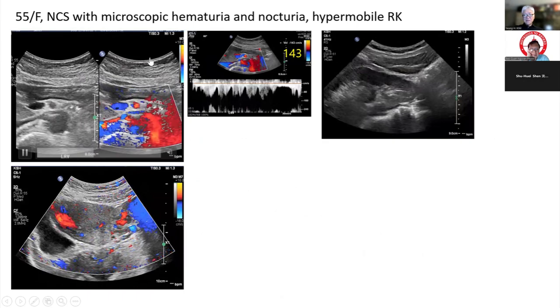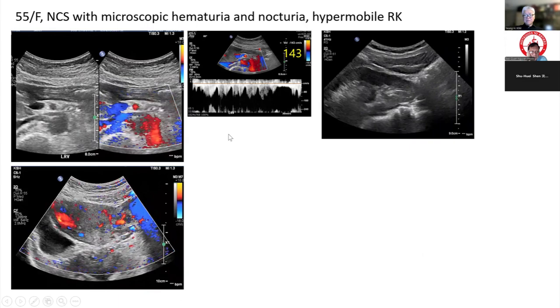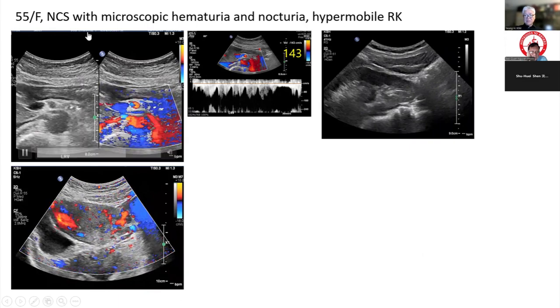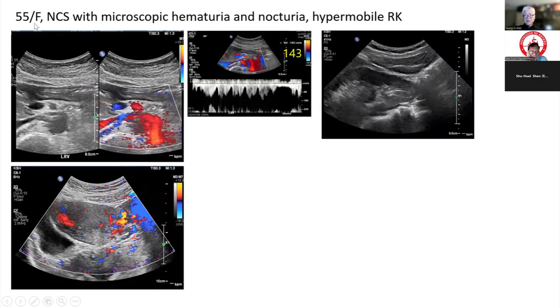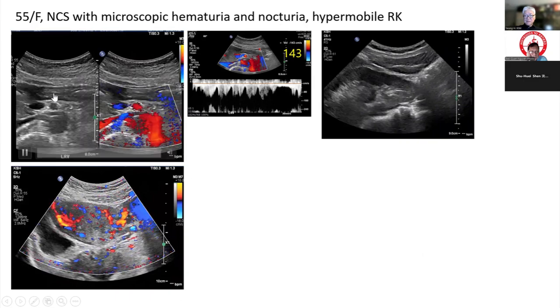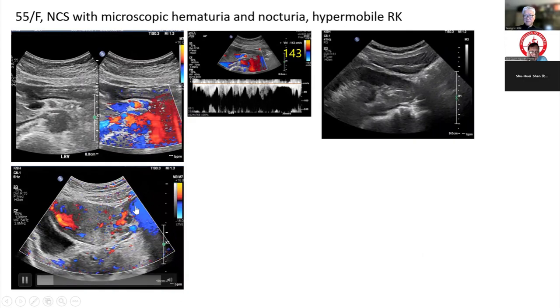One case: I think this patient probably has Ehlers-Danlos syndrome, not confirmed. She is a 55-year-old woman with Nutcracker, microhematuria and nocturia, typical Nutcracker here, peak velocity like this, and pelvic congestion.